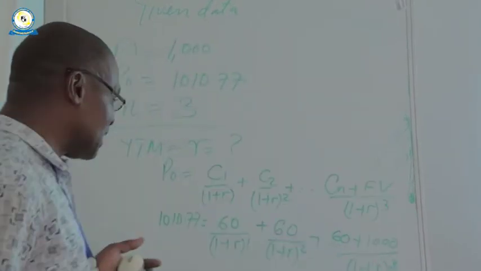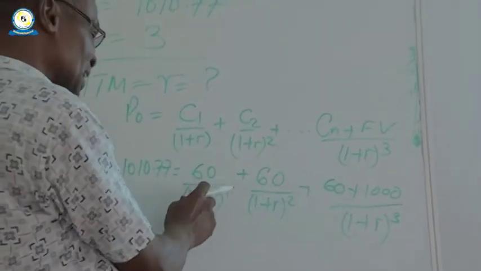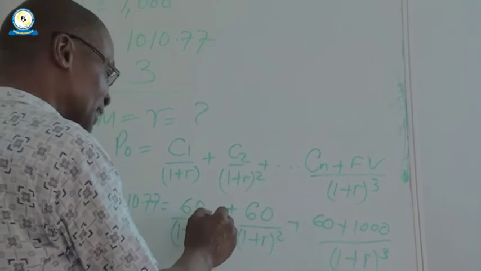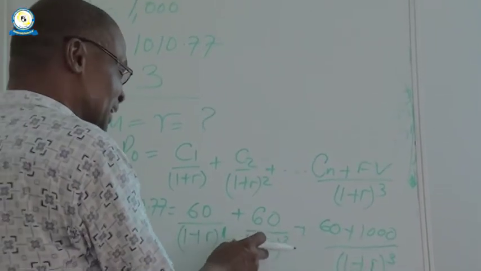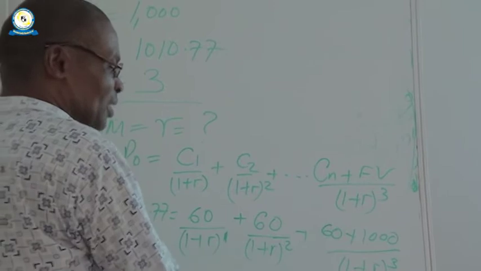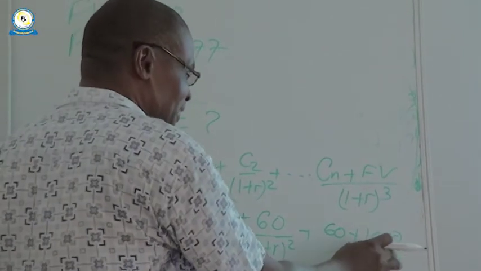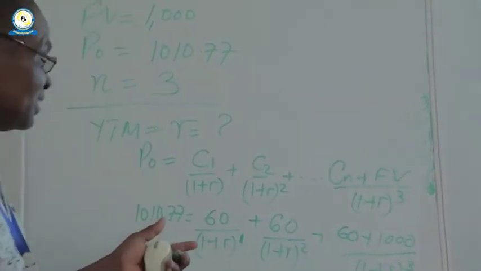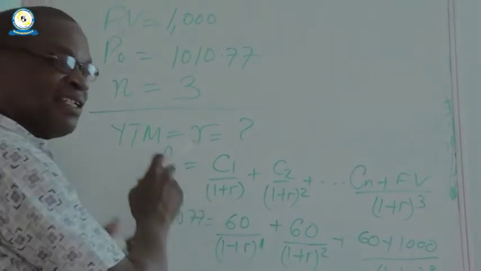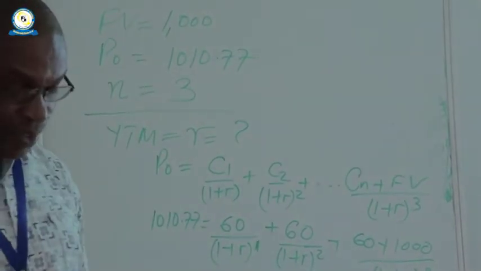Now the problem comes because here we have R to the power 1, here R squared, here R cubed. It is very difficult to make R the subject of this formula.